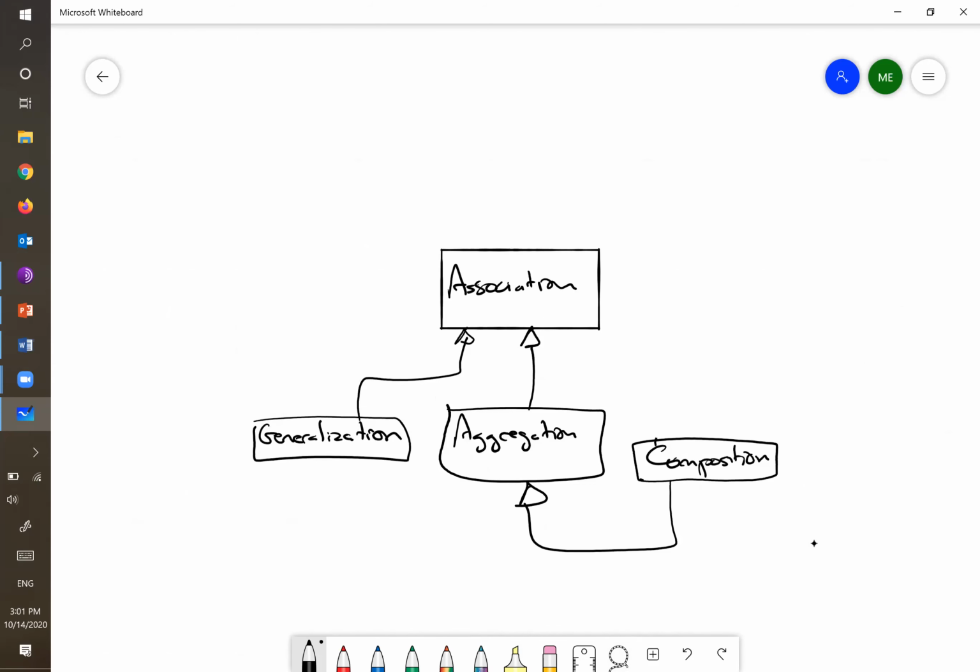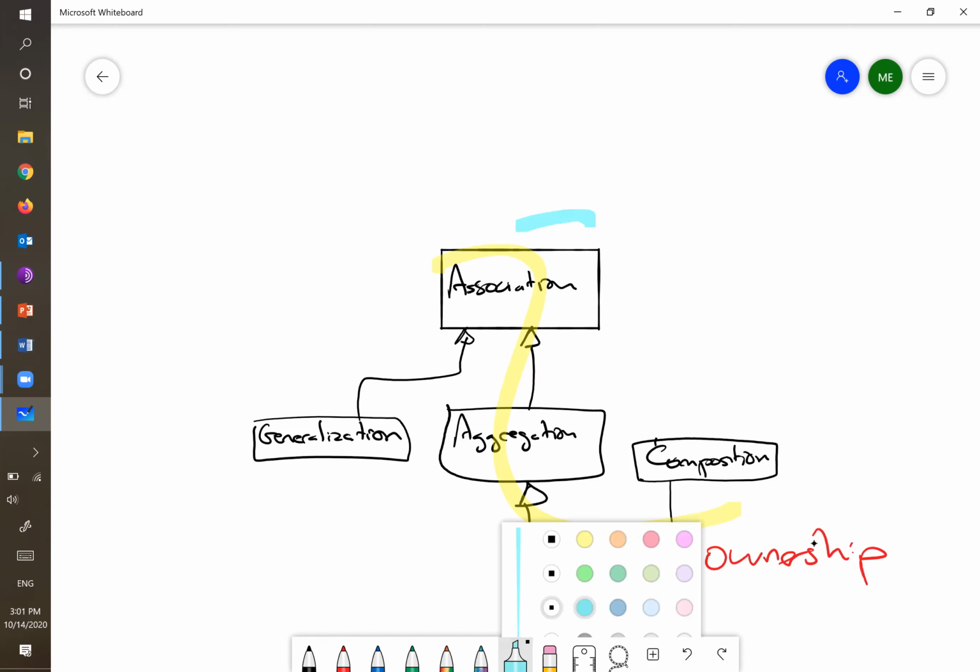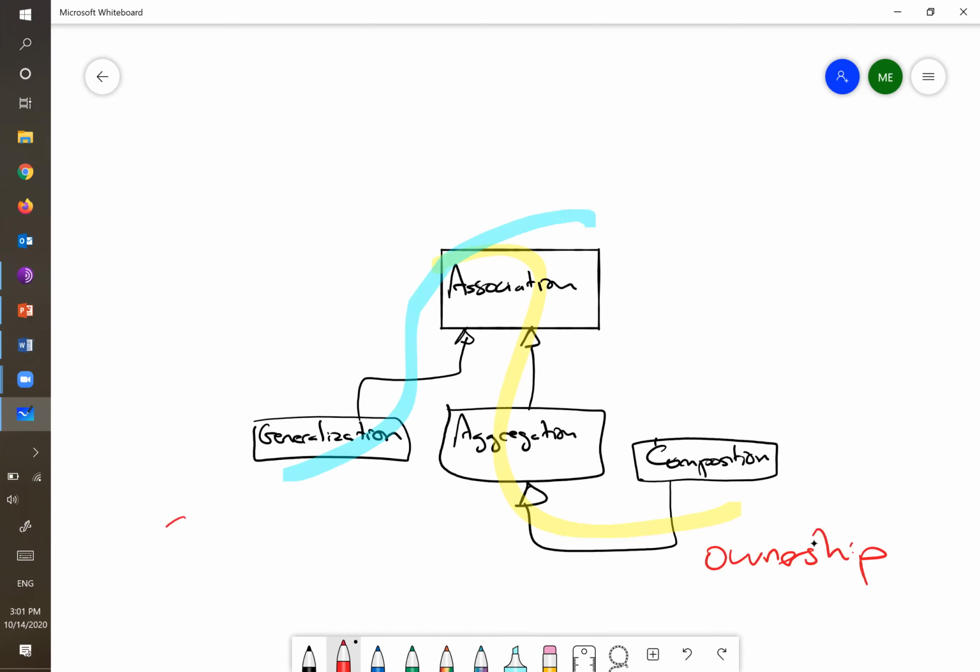Remember I was talking about family branches. This family branch is talking about ownership, whereas this family branch is talking about specializations and inheritance, which is really the same thing. That's the difference between the different types.